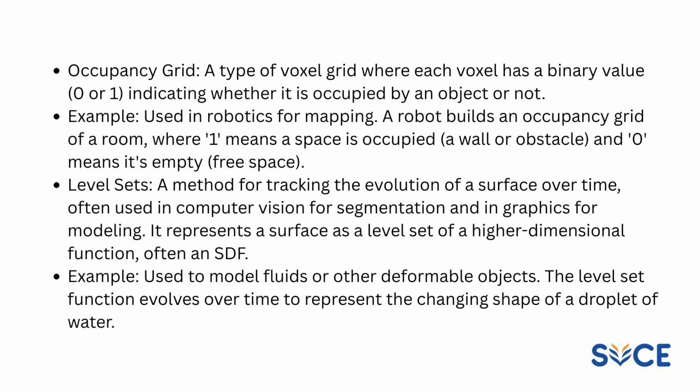The walls, furniture and any obstacles are marked as 1, while the free space is marked as 0. This allows the robot to safely plan its path. This is how a robotic vacuum cleaner works using the occupancy grid.